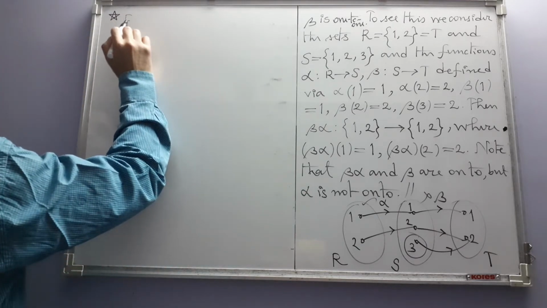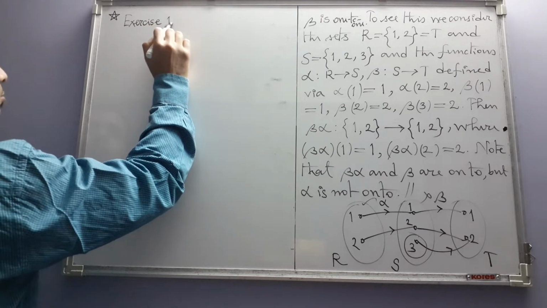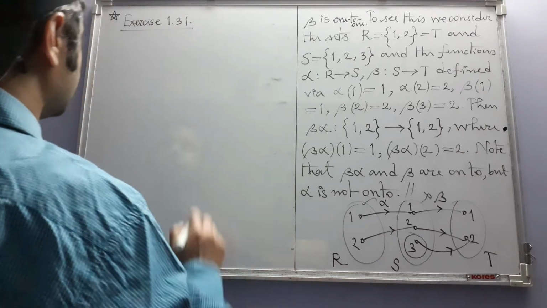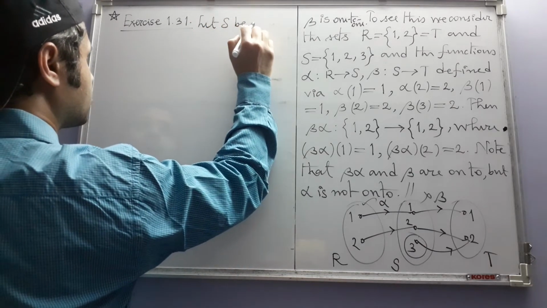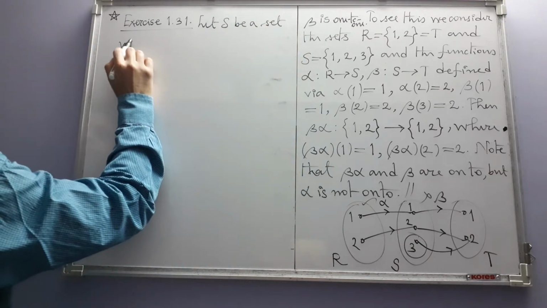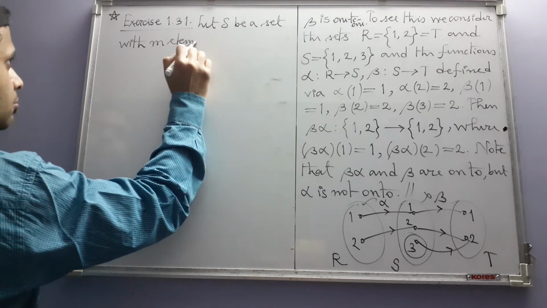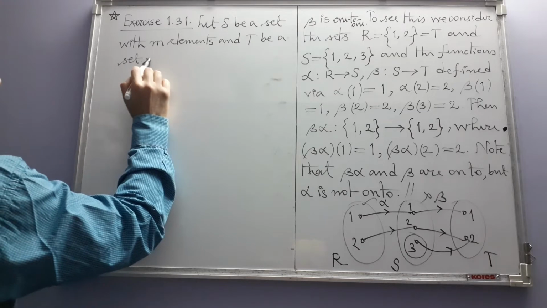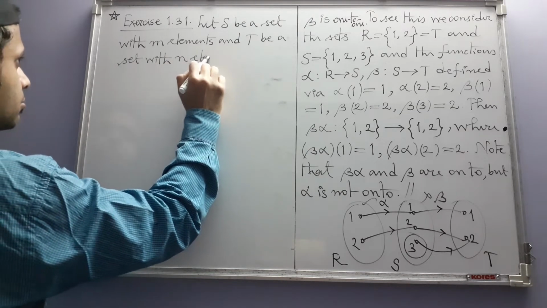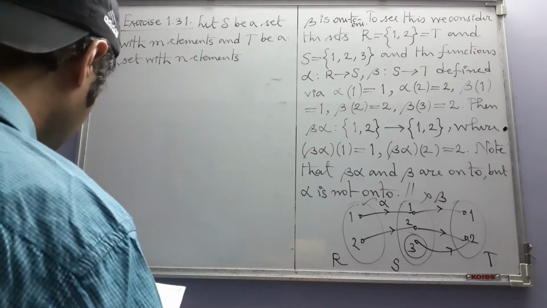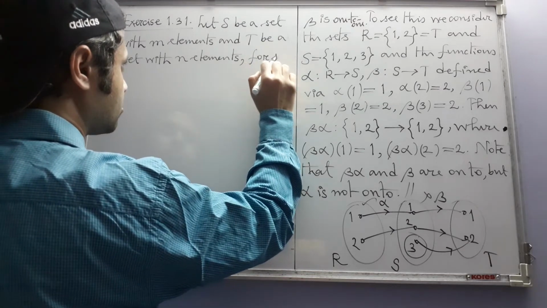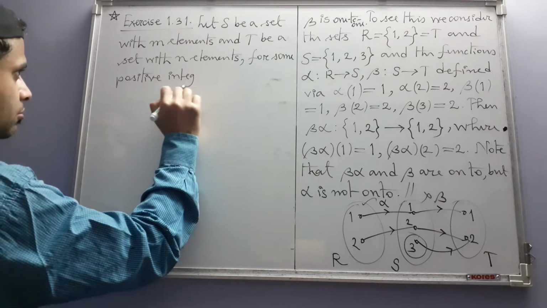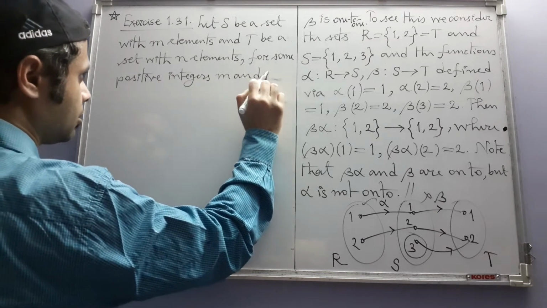Okay, next, exercise 31. Let S be a set with m elements and T be a set with n elements for some positive integers m and n.